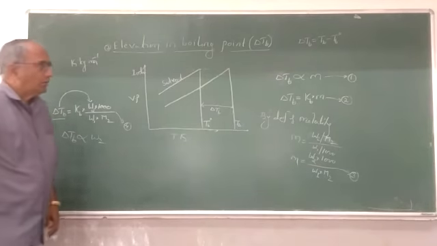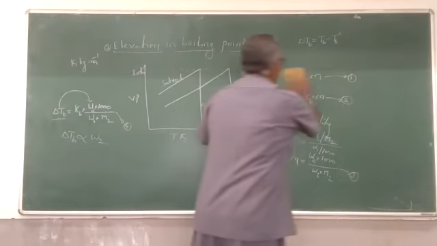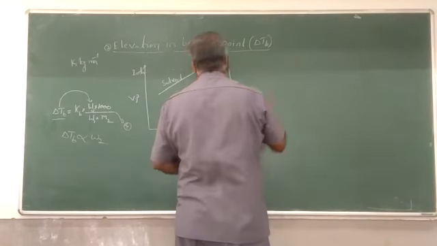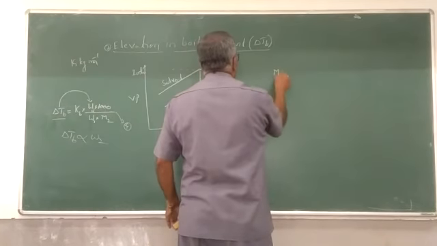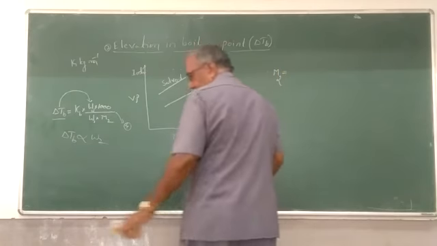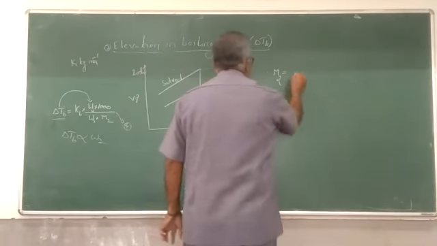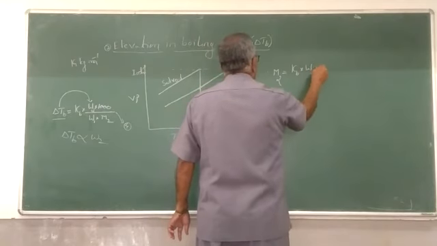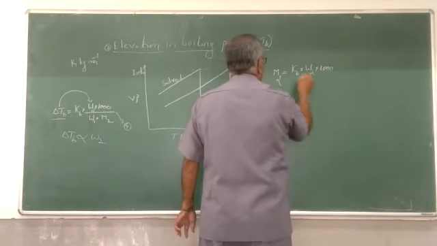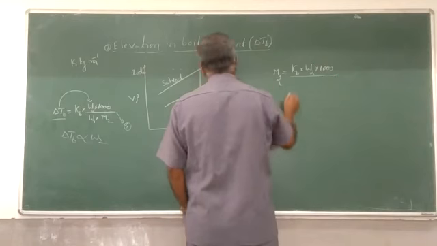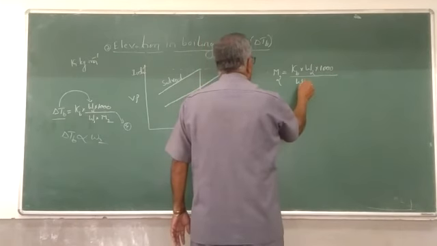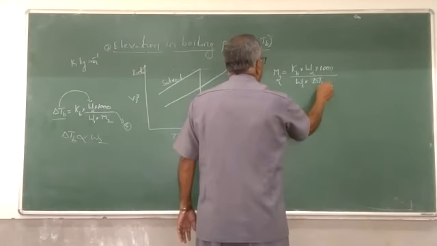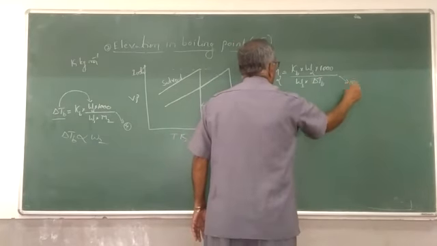Then how to calculate the molecular mass of a non-volatile solute? Bring M2 to the left hand side. So M2 is equal to Kb into W2 into 1000 divided by W1 into delta TB. Assign equation number 5.